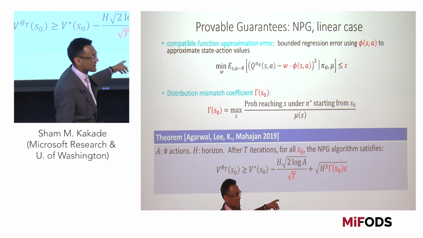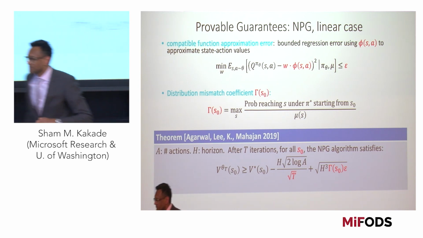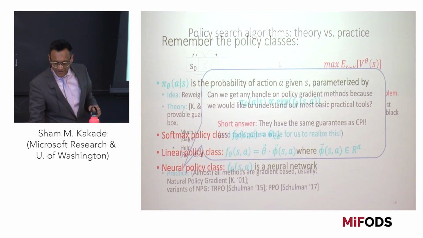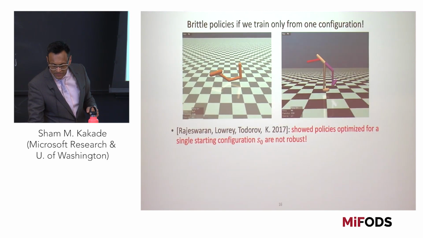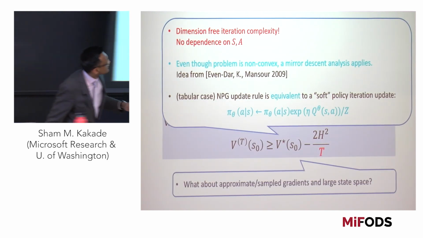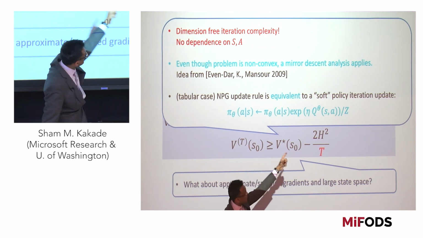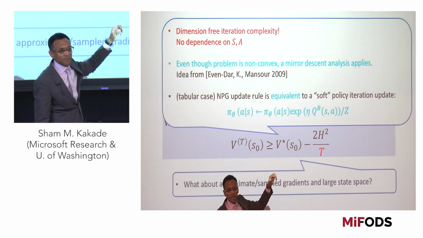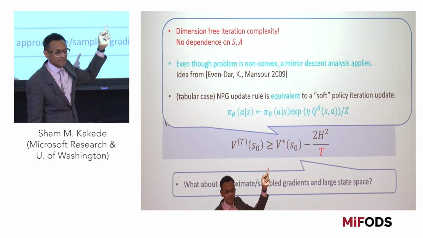What this boils down to when you reparameterize it is, okay, this is exactly the right question. Why did I show that slide? So for the exact case, this is what this update rule boils down to. So what does NPG boil down to in the linear function approximation case? Okay, so any guesses?